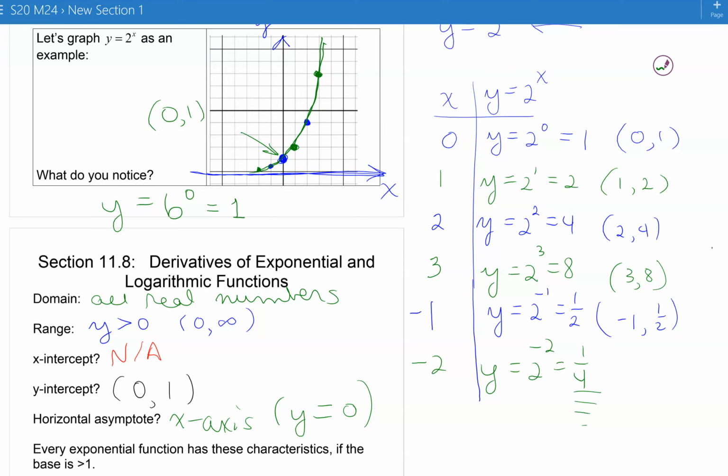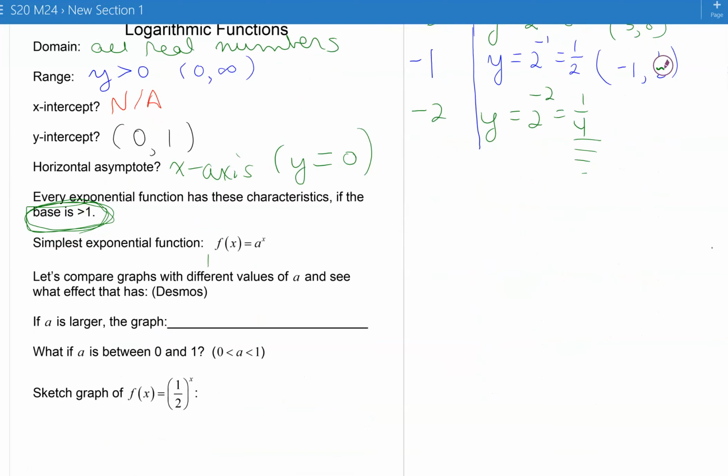So every exponential function has these characteristics if the base is greater than 1. So in this case, the base was 2. If it's 3, 5, anything greater than 1, you will get this shape. So this is the simplest exponential function, a base with x, the variable, as the exponent.